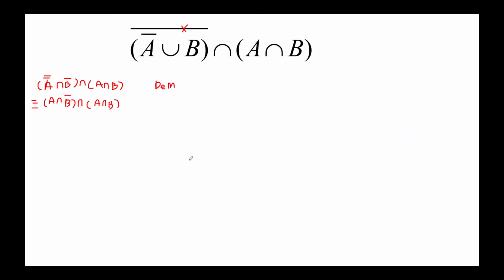Alright, so by using the associative law, this one is double complement. This one can be written as A here, and an A here, and then B bar, and then B.